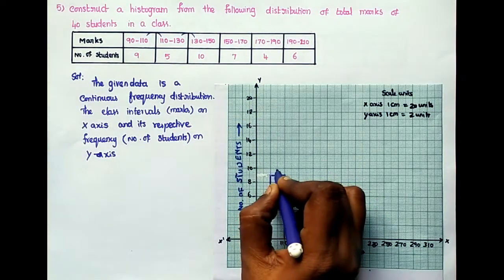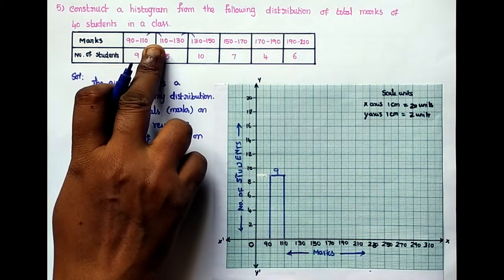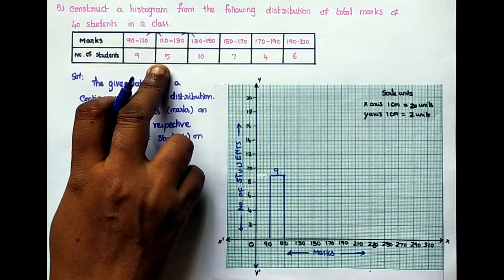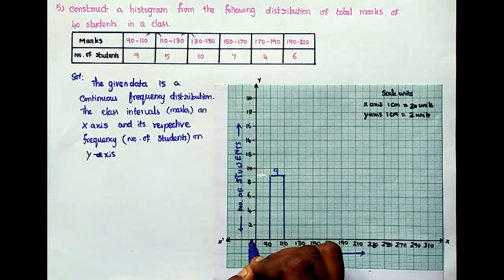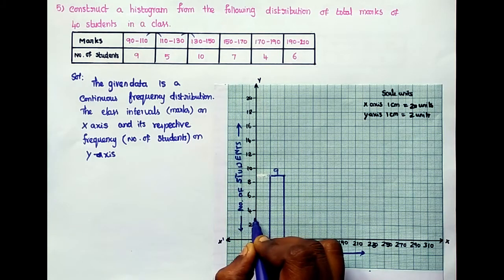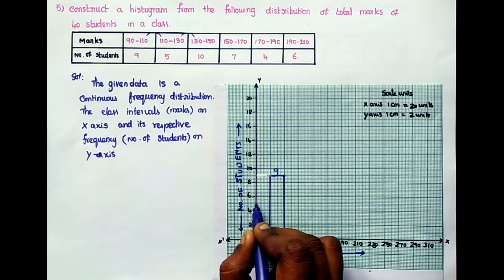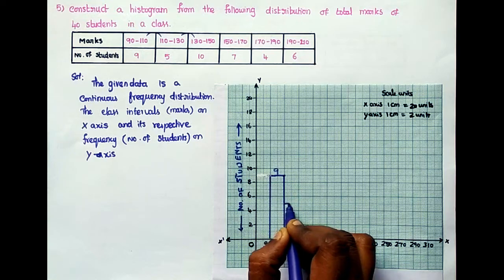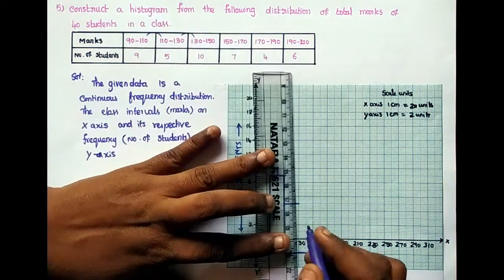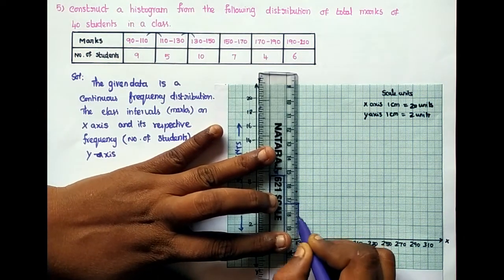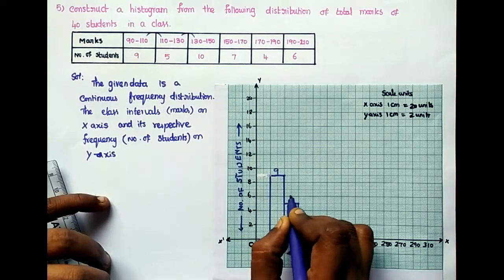Next 110 to 130, that is 5. Here 2, 3, 4, 5. In between 4 and 6, there is 5. Draw the rectangle, that is 5.